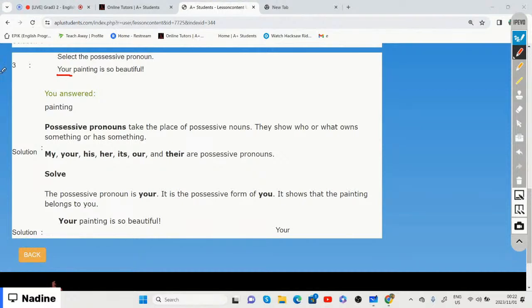And remember, we said a possessive pronoun takes the place of a possessive noun. And they will only show who or what owns something or has something.